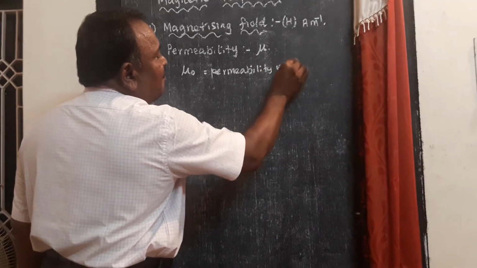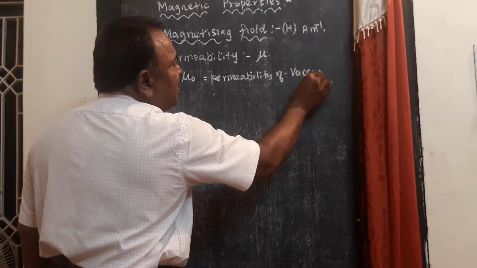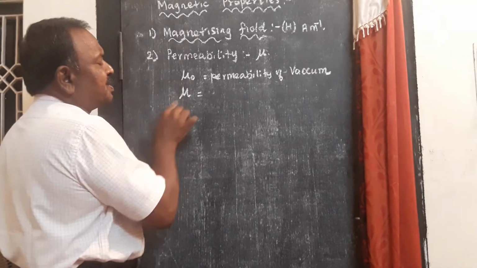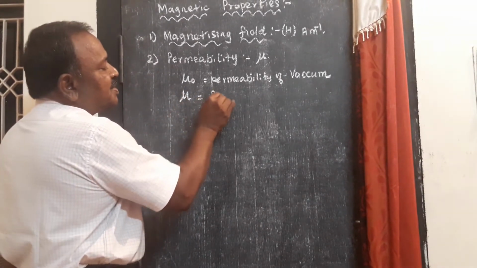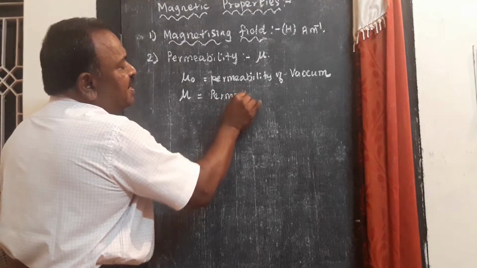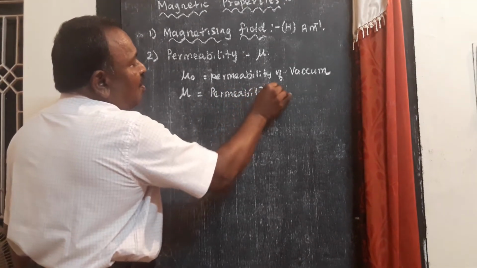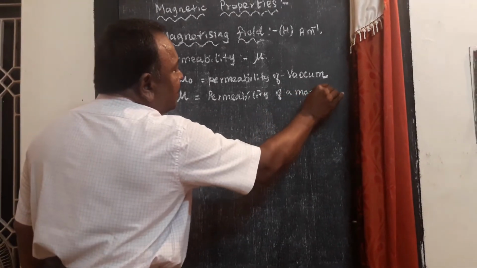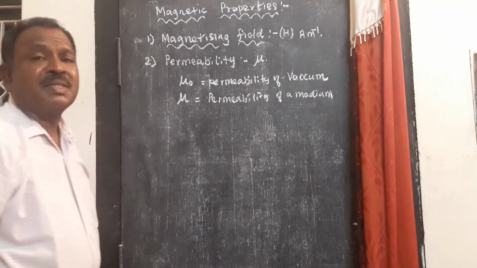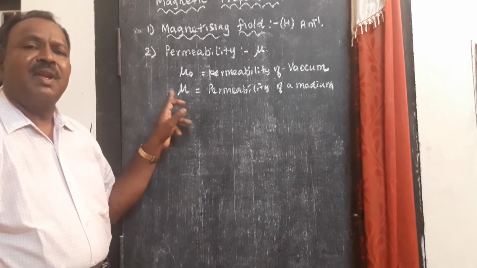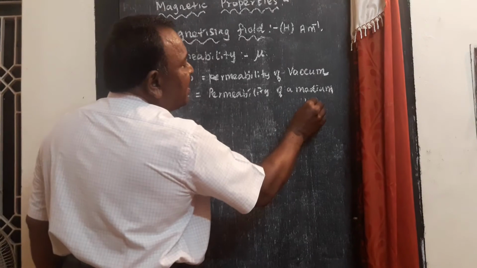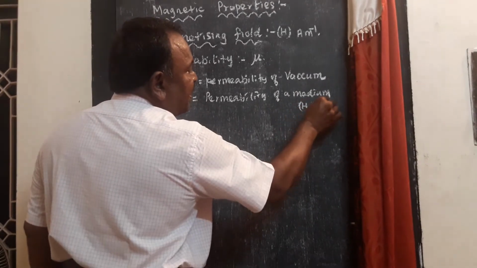Permeability of a medium is represented by mu. It is always greater than 1, and its unit is Henry per meter.